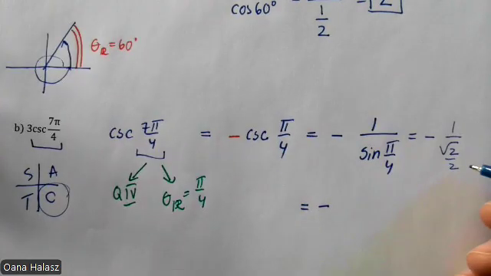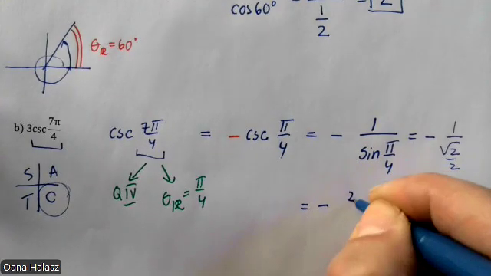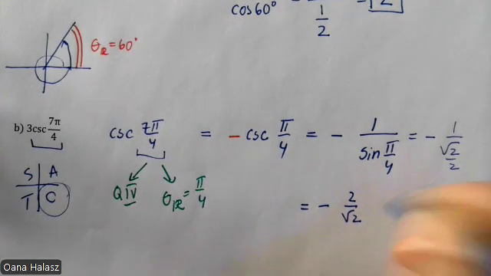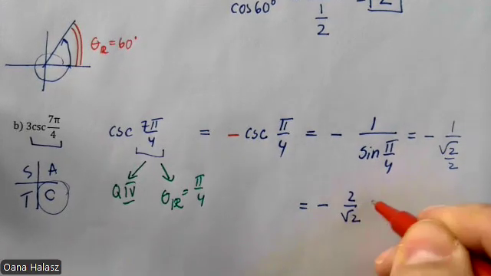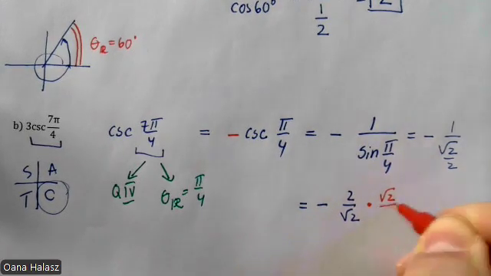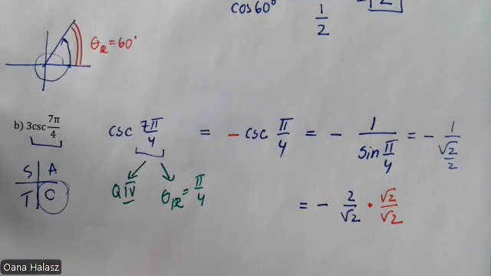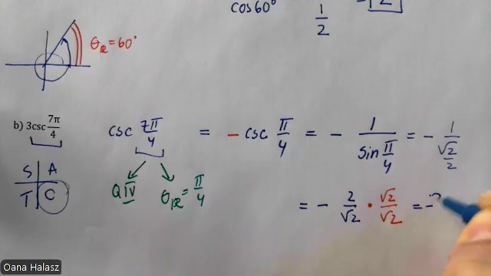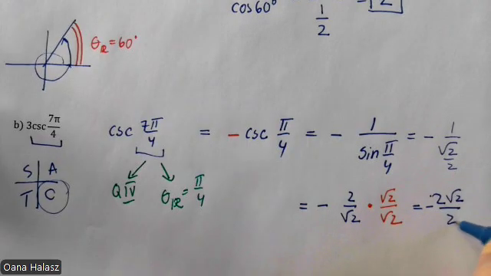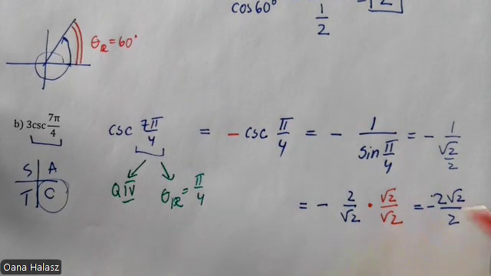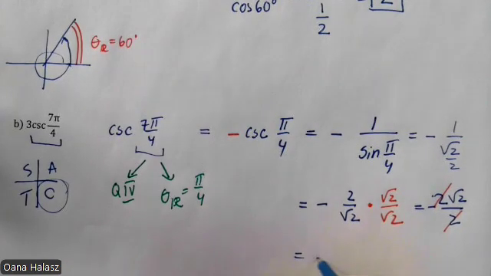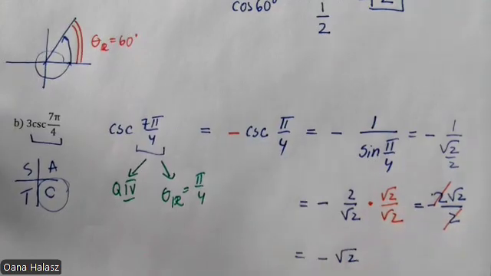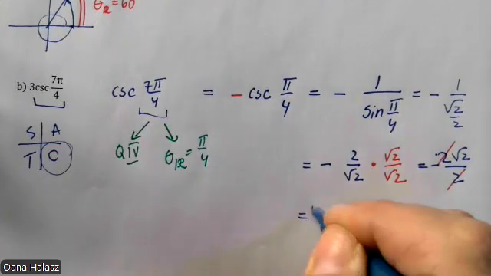Negative, the reciprocal of square root of 2 over 2 is 2 over square root of 2. Let's rationalize and see what happens. We get negative 2 square root of 2 over 2. And then the 2's will cancel out. And our final answer is negative root 2.